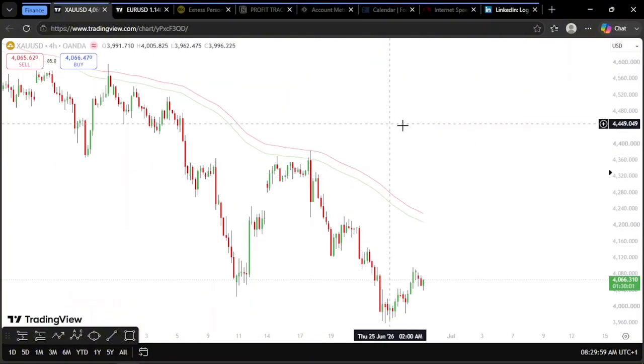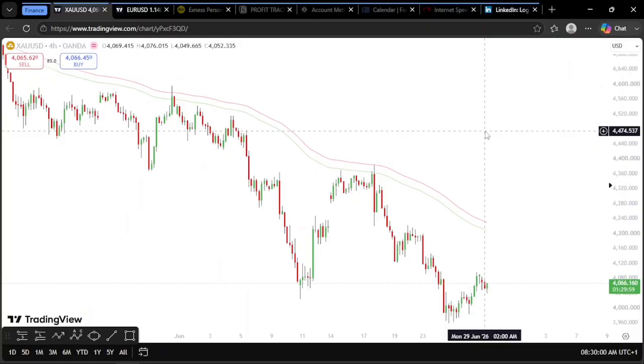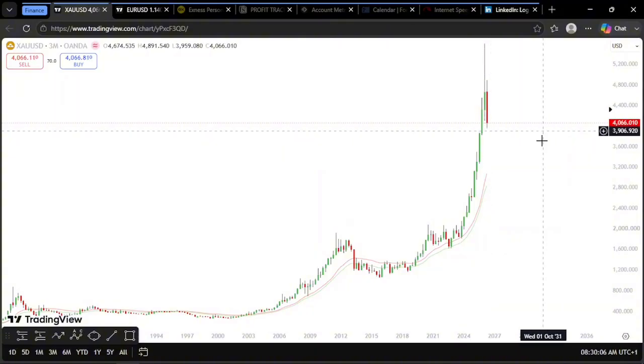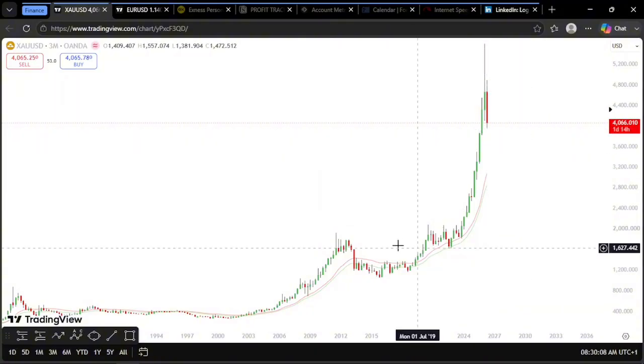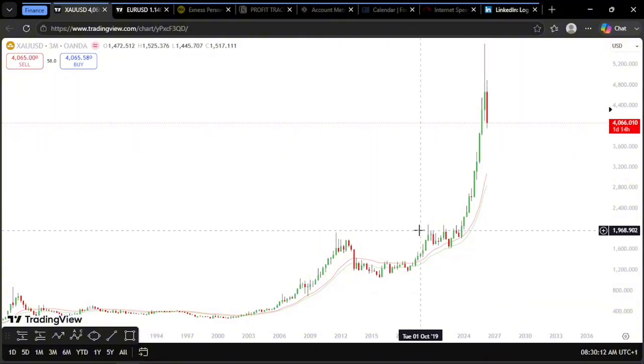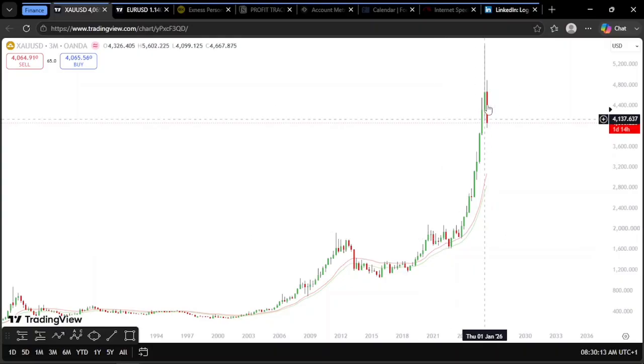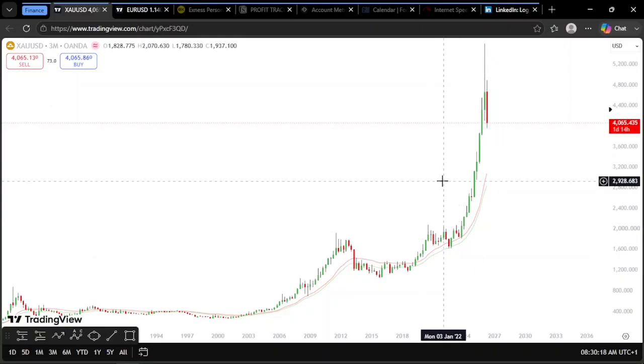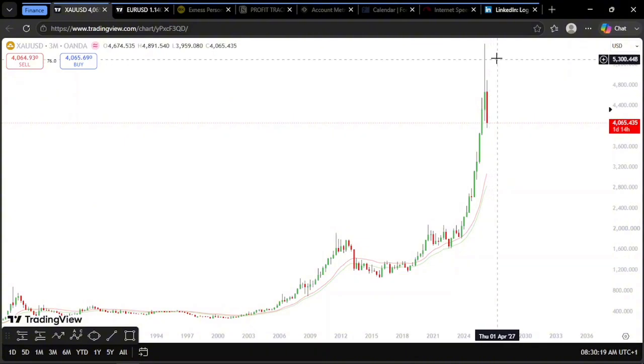So our next pair we are looking at is the XAUUSD. As we all know, XAUUSD has been on a very crazy bull run.